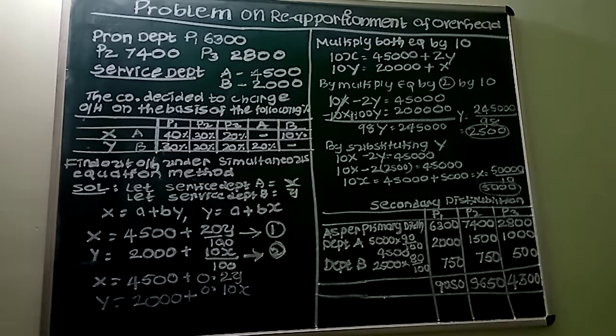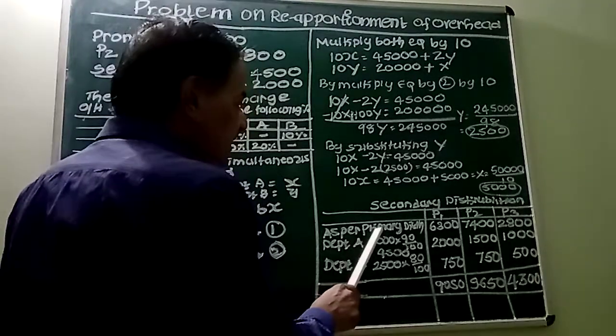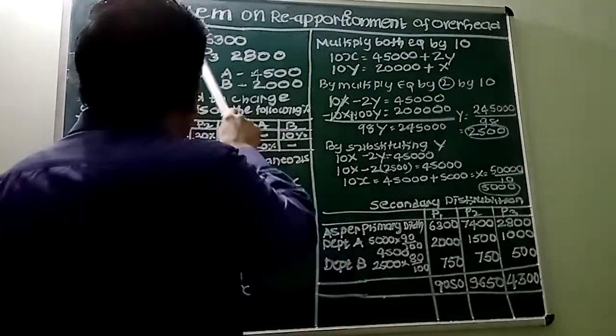After that, we have to prepare the secondary distribution table. So you take the expenses of only production departments in this table, and as per primary distribution it is given.